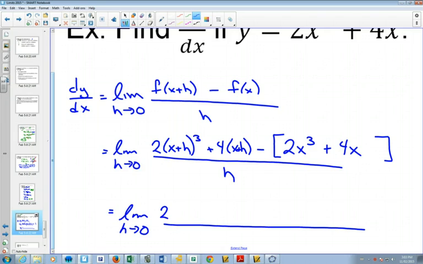Now, x plus h times x plus h times x plus h. I'm going to multiply two of them first. I'm going to distribute that 4.